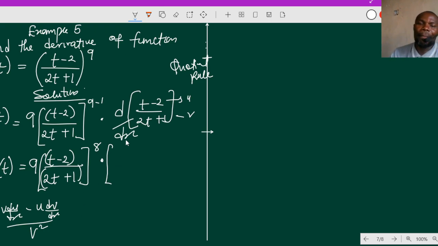Now in applying this quotient rule, v du, you write 2t plus 1. Now multiply du ds. What is our u? t minus 2. The derivative of t minus 2 will give you 1.